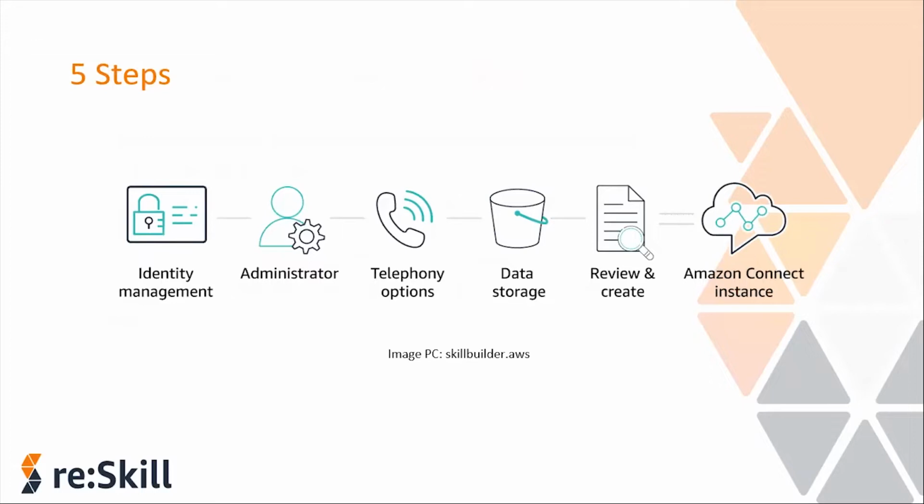Then the telephony options you want to configure, where you want to store call data and the transcripts, and then review and create all the configuration to verify. Once you verify it, if everything is fine, you click on the create button to launch a virtual contact center instance. That's very easy.